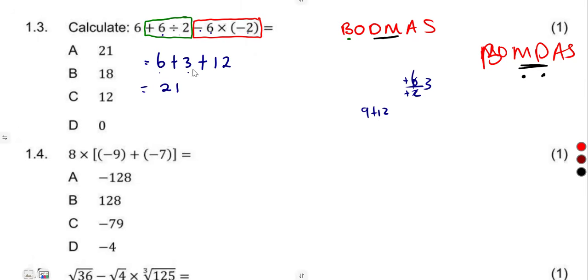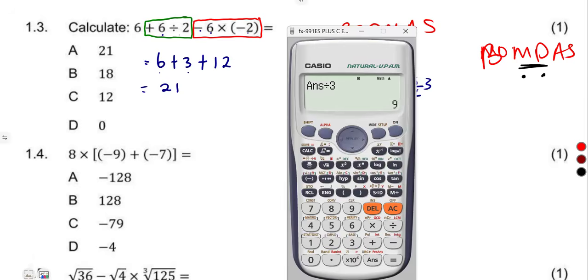You can even use your calculator at once. That's a 21 at the end as our final answer.